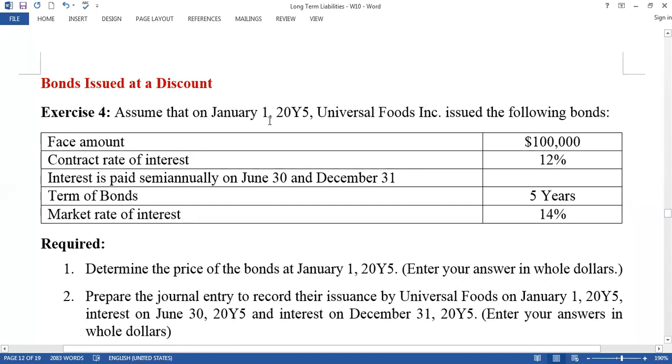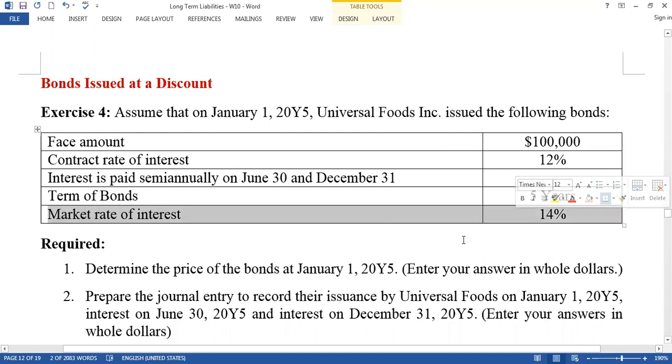Assume that January 1st, 2005, this company issued the following bond. The face amount is given, contractual interest rate given, interest paid semi-annually, term of the bond 5 years, and market interest rate is 14%.